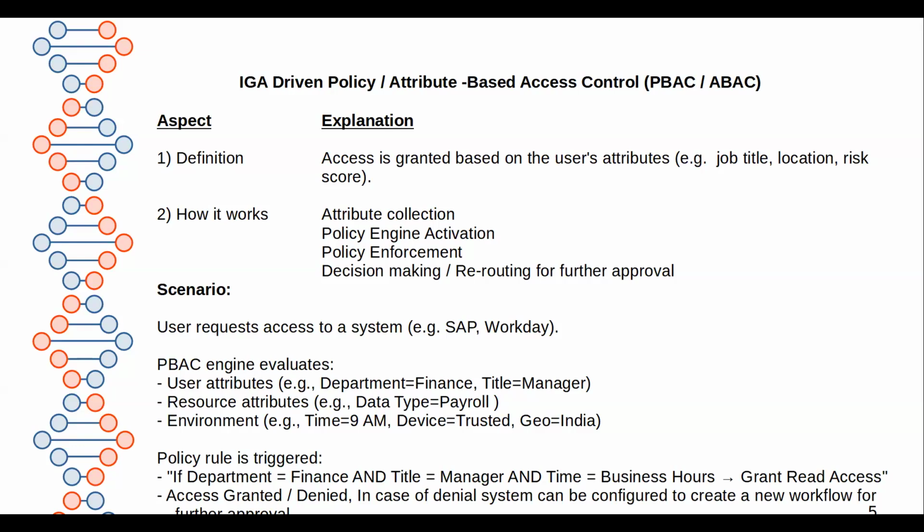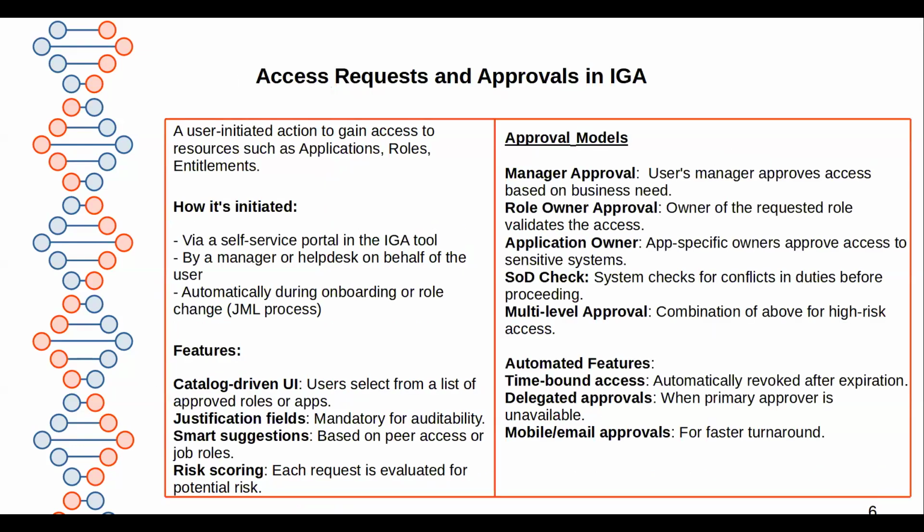Okay, sure. Thanks. Today we are going to talk about access request and access approval in IGA. When we say access request, it means somebody who is already in the system does not have the access, and that is why they want to raise a request for access.